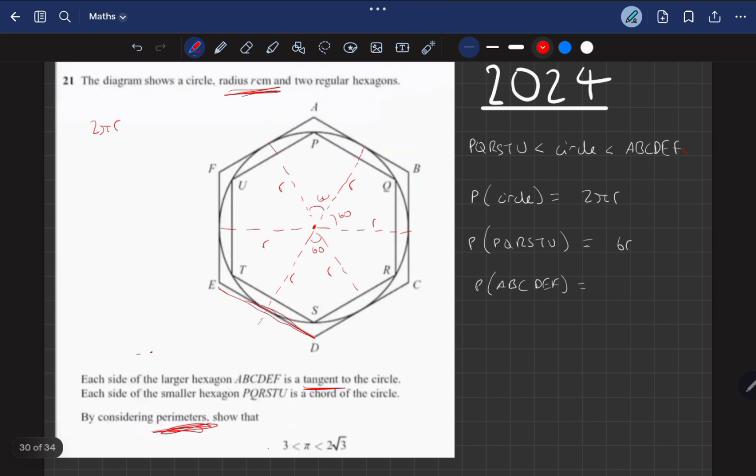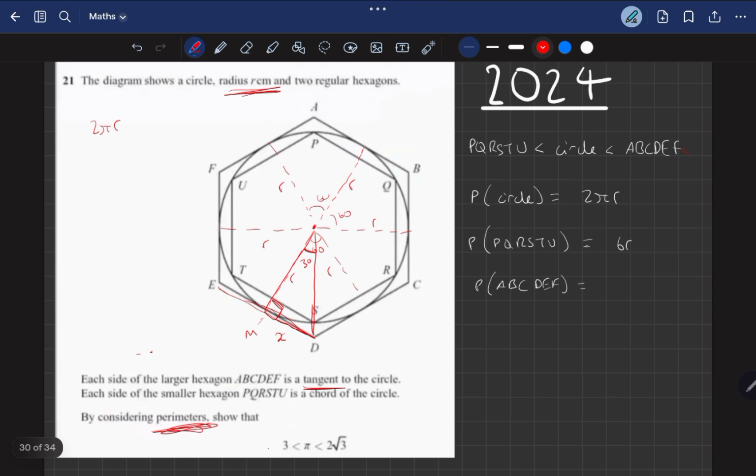Let's just call this M. Let's just focus on finding MD. What we could do is split this triangle down the middle. And we know that this angle is going to be 90 degrees because a tangent and a circle meet at 90 degrees. And we know that this right here is 30 degrees. And let's just label this side as x.